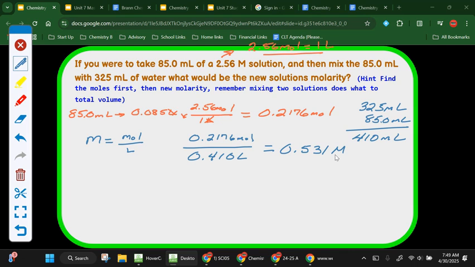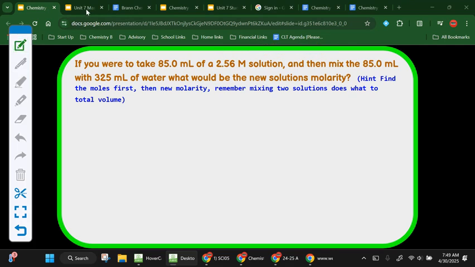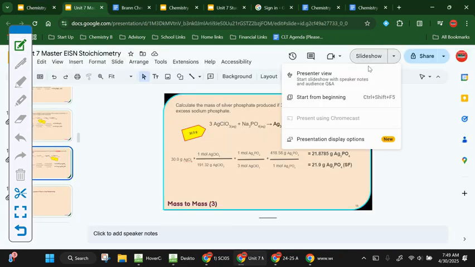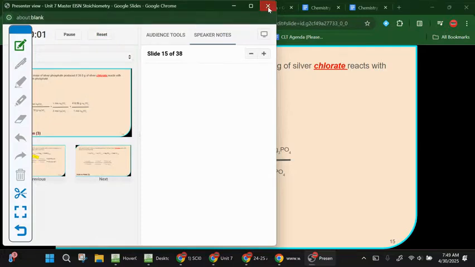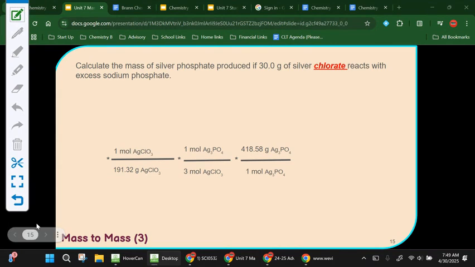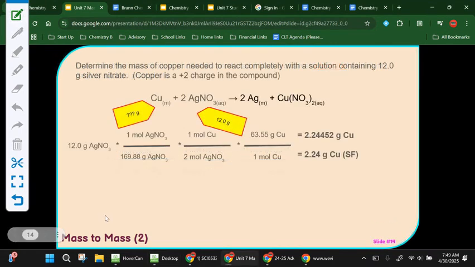All right, take and open your slides up, ladies and gentlemen, and get to slide number... let me check here. All right, so this is the problem we finished yesterday, correct?